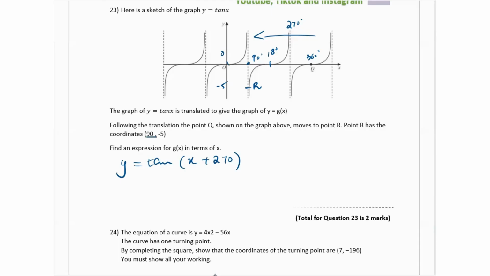If it was 270 degrees to the right-hand side, that means you would be subtracting 270 from x. So x plus 270, and then it's at 0 over here. Now it's negative 5, which means it went down 5 units. So g of x is going to be tan of (x plus 270) and then minus 5 outside the bracket.